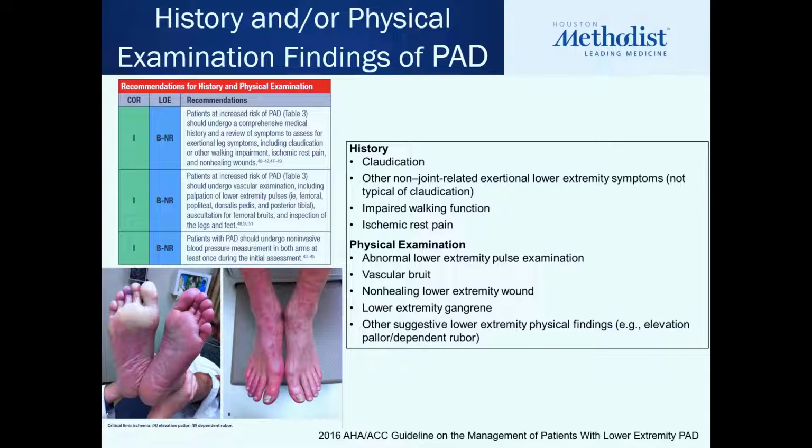Listening for bruits, looking for wounds, looking for ulcerations in the skin, and then some very advanced findings demonstrated here, which are the elevation pallor and the dependent rubor. So it's very important that in patients with peripheral arterial disease we do these checkups, and also recommended in our guidelines, diabetics especially should have regular foot exams, right?